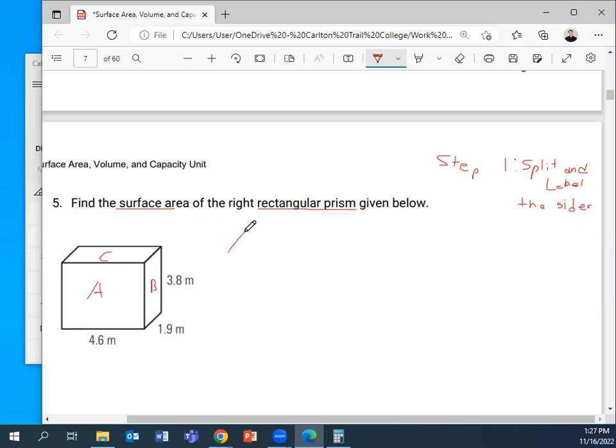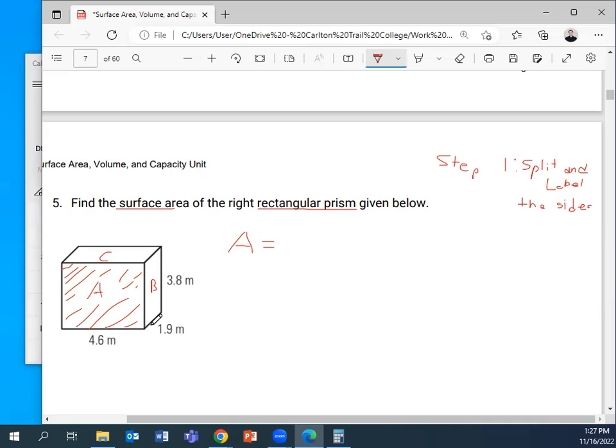So let's figure out the surface area of A. What 2 numbers would I multiply together here to figure out the area of just A? 3.8 times 4.6. How come 3.8 and not 1.9? Because it's length times width.